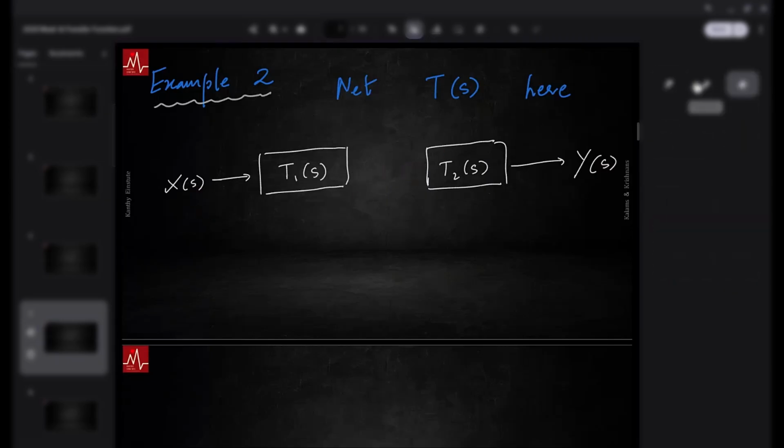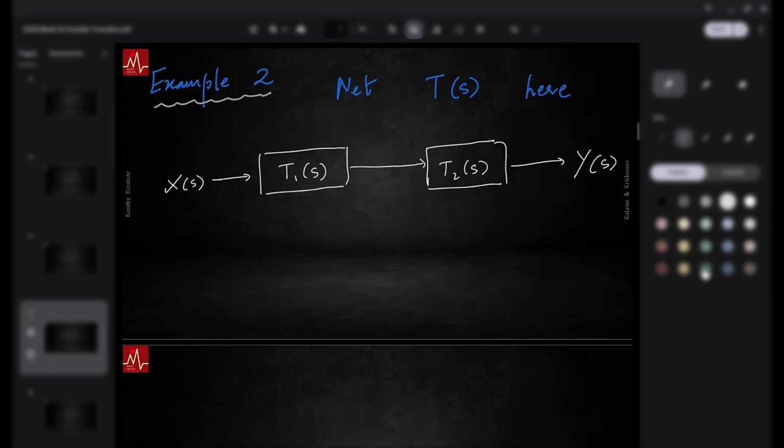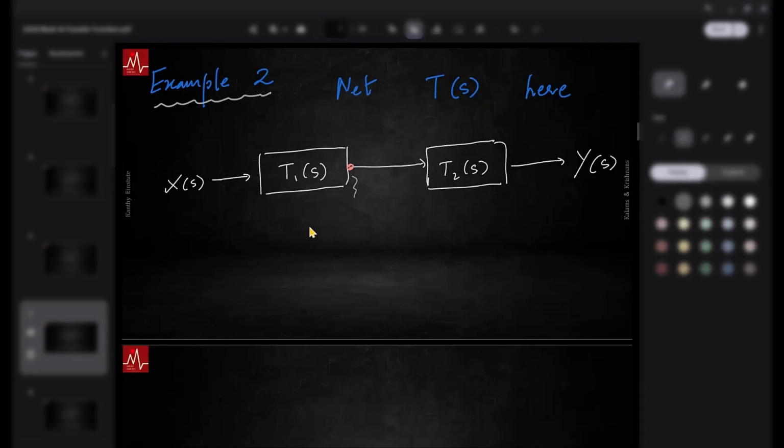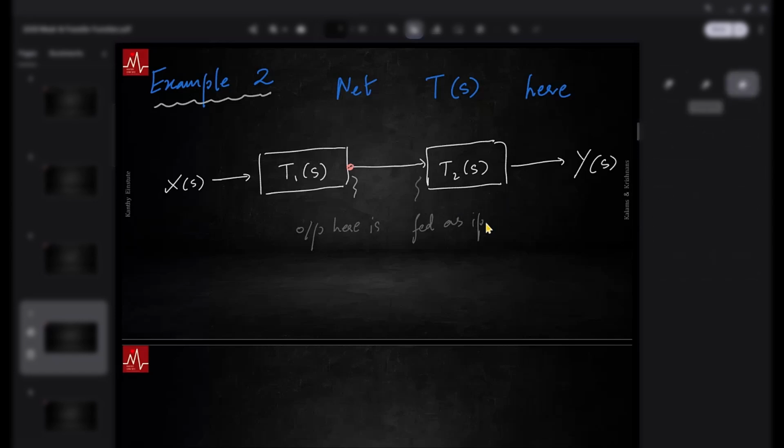We have a cascaded system, that is, notice, the output here is fed as input there.